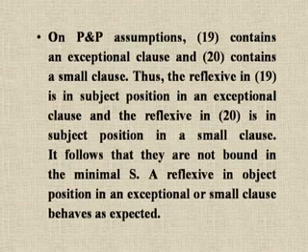Thus, the reflexive in (19) is in subject position in an exceptional clause, and the reflexive in (20) is in subject position in a small clause. It follows that they are not bound in the minimal S. A reflexive in object position in an exceptional or small clause behaves as expected.